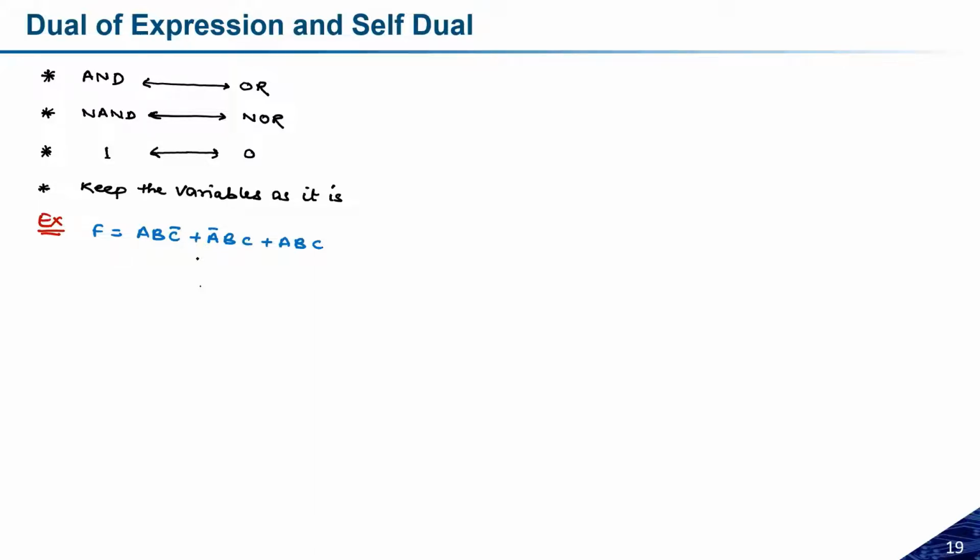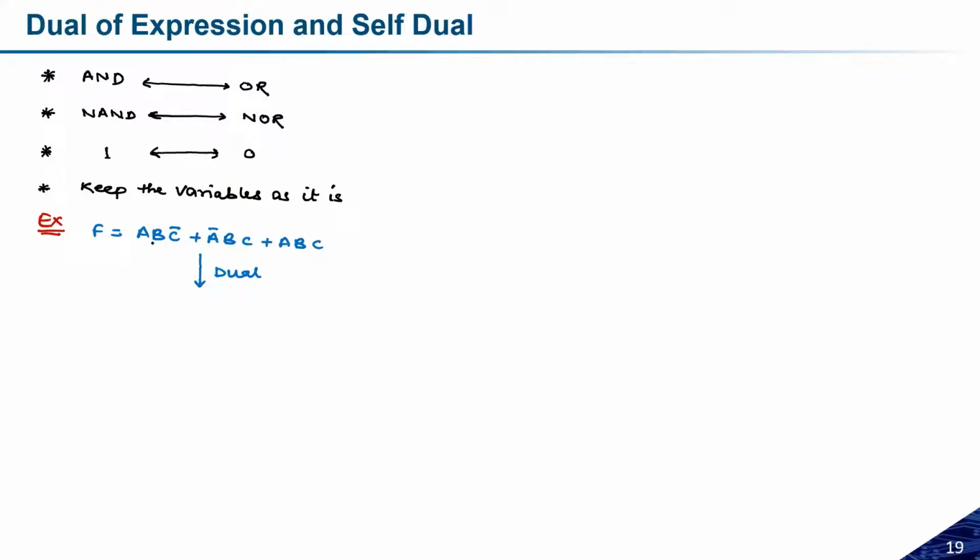If I have to find the dual of this function, how can we get it? Let us discuss one by one. It says AND must be converted into OR, and NAND must be converted into NOR, and vice versa. So how can we do that?